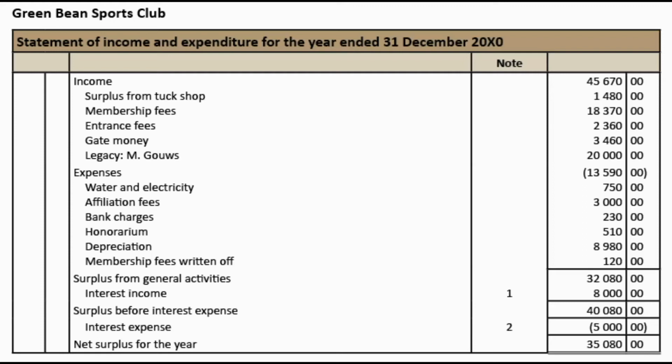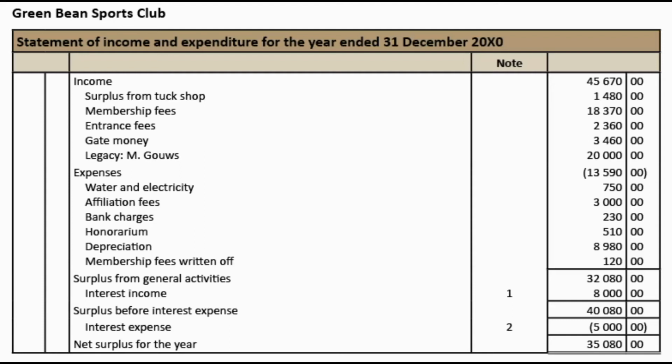Okay, so if you add those income amounts, you get an amount of 45,670. Okay, then we get to the expenses. The first one, water and electricity. Yes, you've opened a water and electricity account, and the total on the debit side was 570, and there was an adjustment on the debit side for 180.